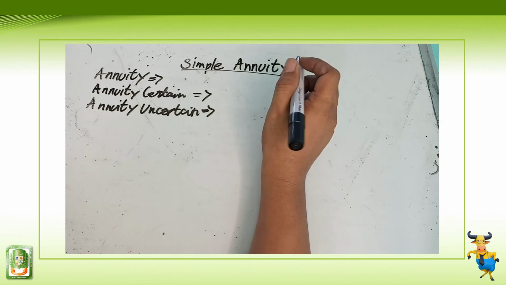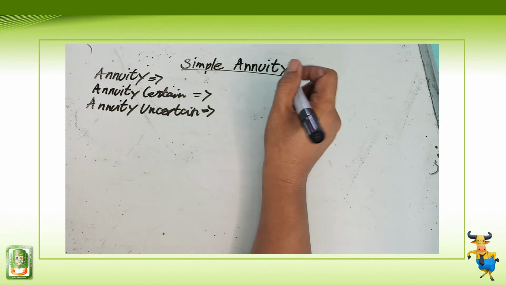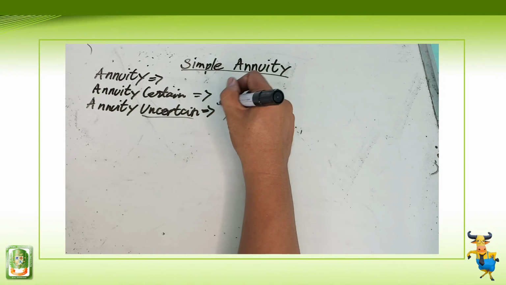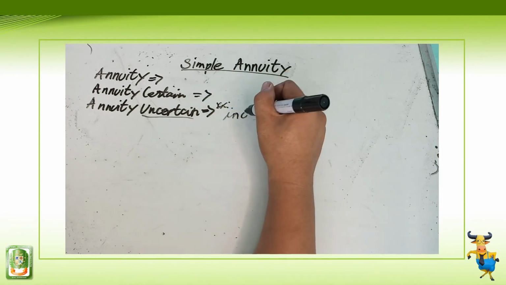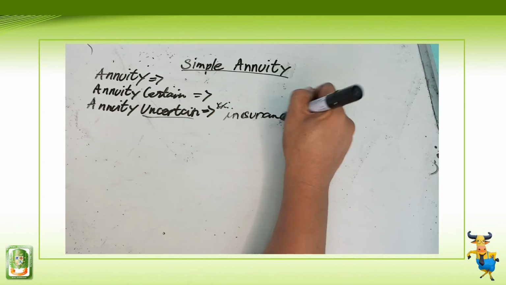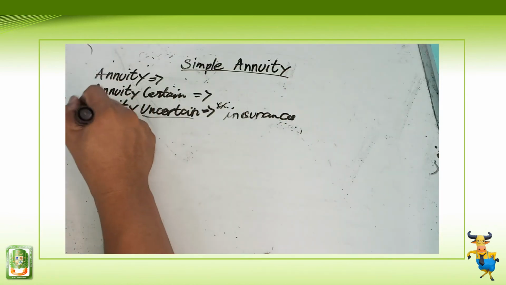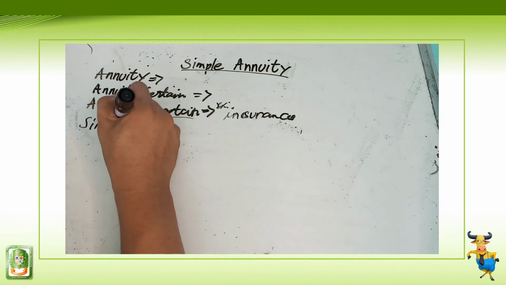Okay? Annuity payable for indefinite duration. For example, annuity uncertain is what you call as the insurance. What is simple annuity? Ito na yun.